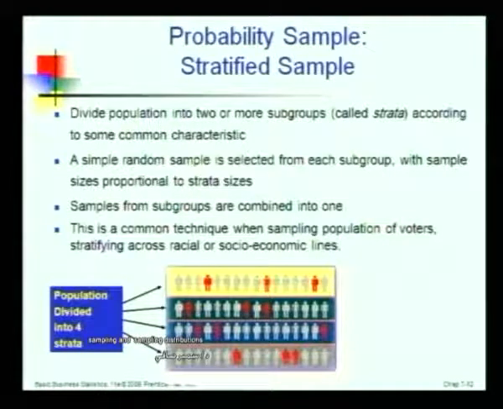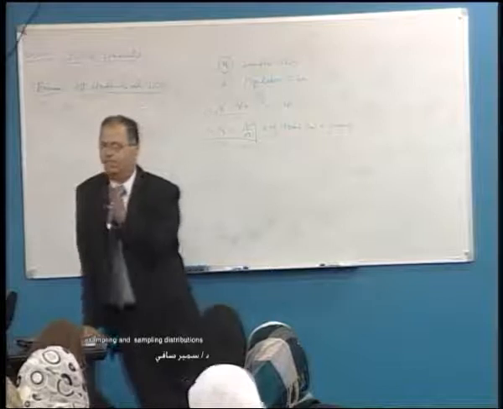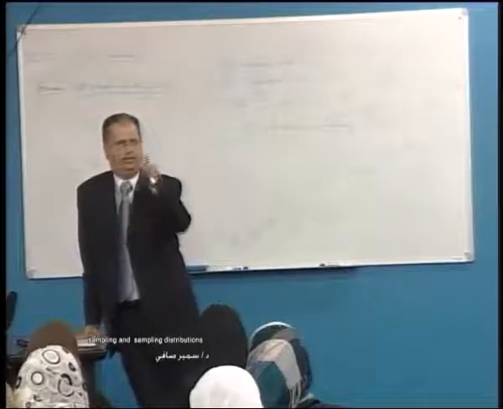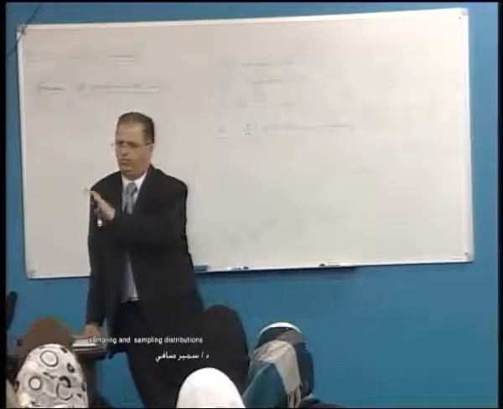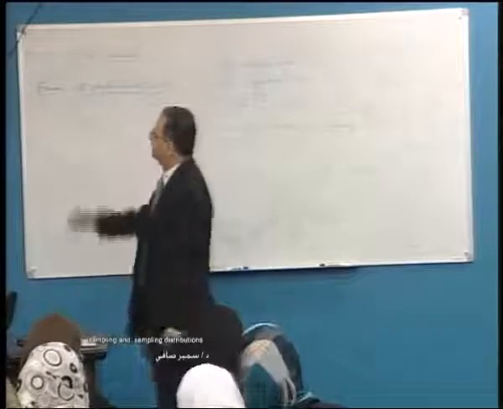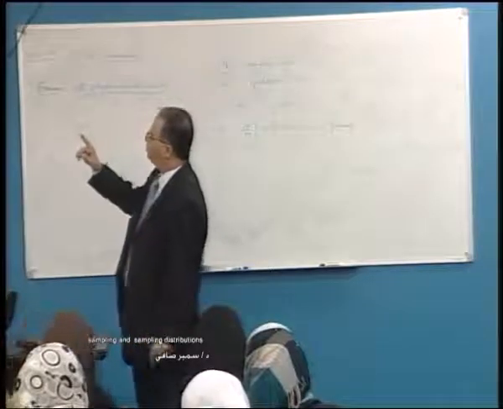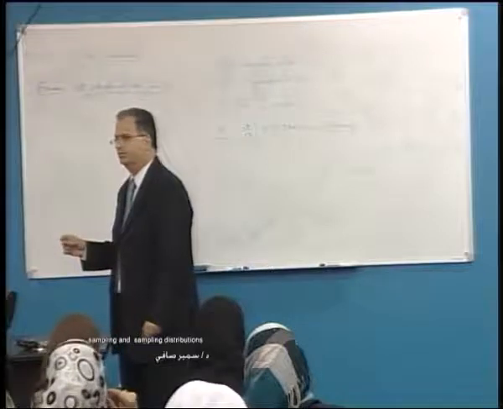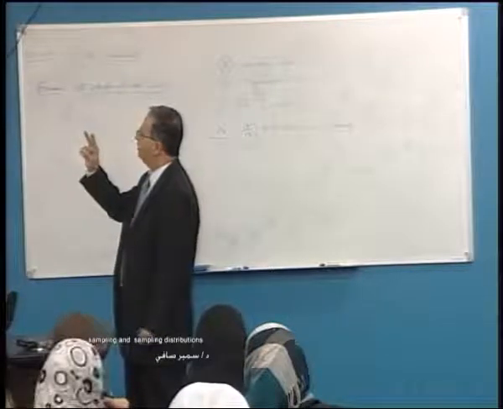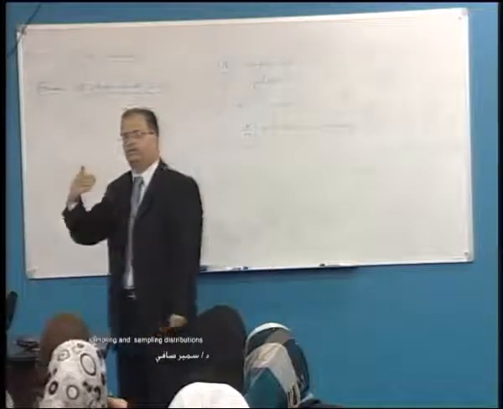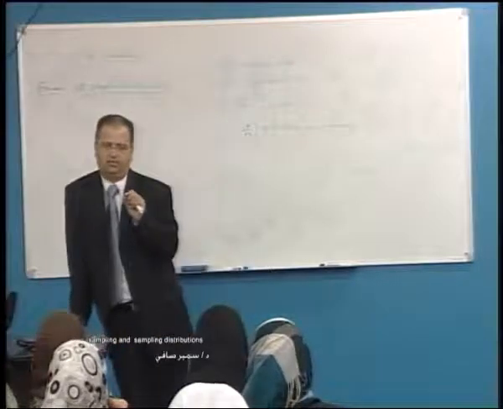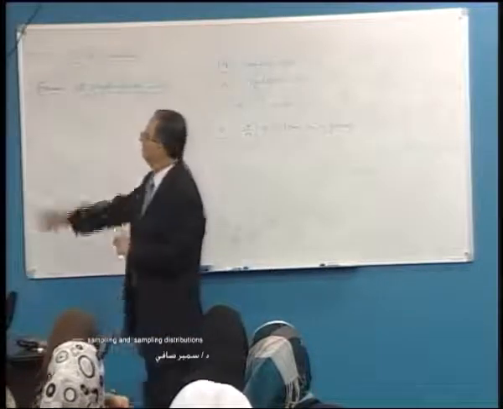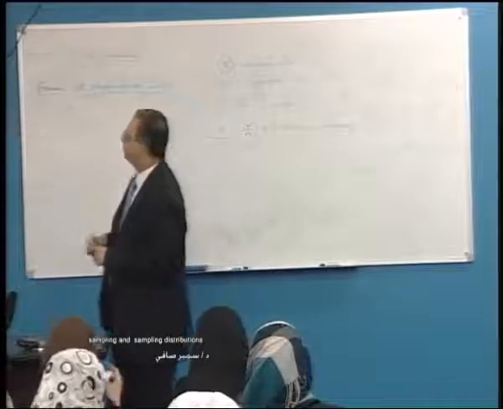Step 1: imagine we have the IUG population. Divide the population into 2 or more subgroups according to some common characteristic. It depends on the characteristic you are using.